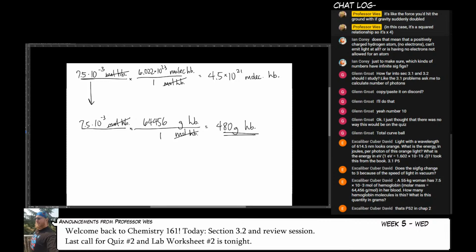So don't be intimidated by the fact that it's a ginormous number. They're trying to give you problems that are out of your usual context. If you see moles and then kilograms and then grams and then particles or whatever, those are all units that you've worked with, and then just treat them appropriately. The fact that the woman is 55 kilograms is not helpful, so try not to get tied up in the extra numbers. She could be 5 kilograms, and the answer would still be the same.